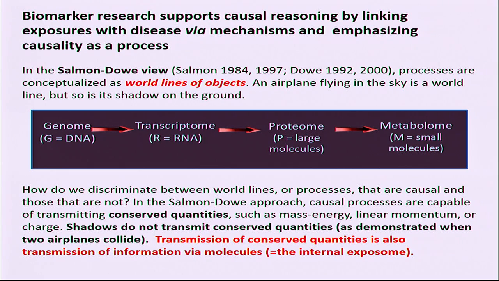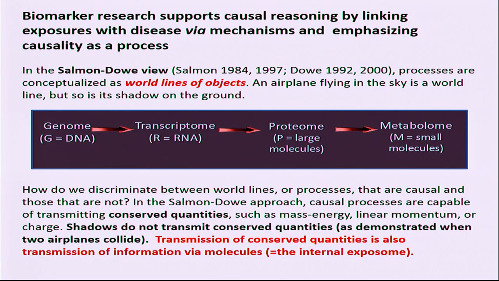How can we distinguish genuine causal processes from non-causal processes? What he proposed was that processes are world lines of objects. For example, airplanes flying in the sky express world lines, but so the same is true for shadows on the ground. How can we discriminate between world lines or processes that are causal and those that are not?